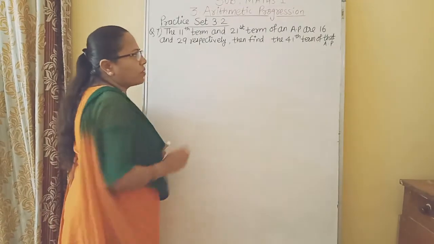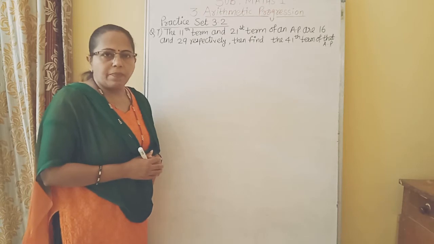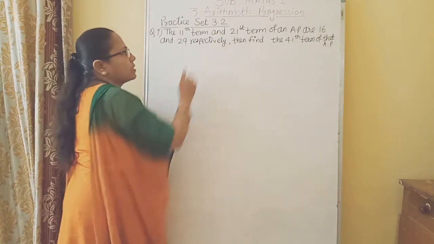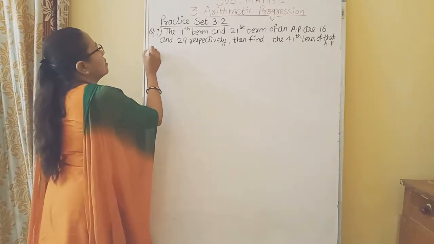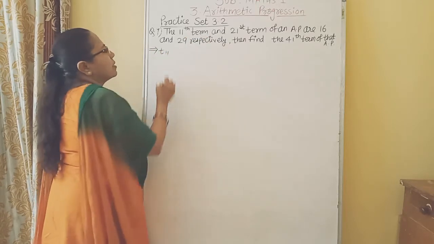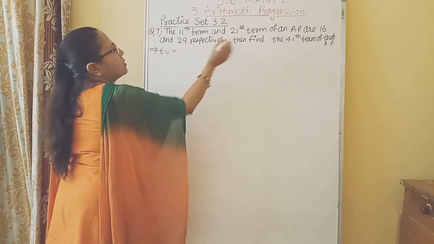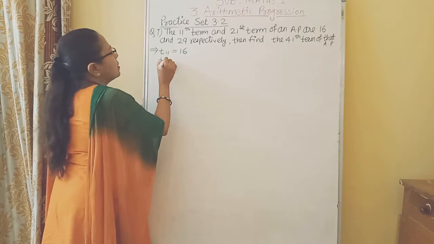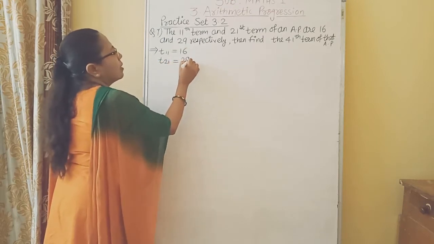Now to find the 41st term we require the first term and common difference. So that first term and common difference we will find from this information. So we will write what is given here. The 11th term is denoted as T11. So T11 is equal to 16 and the 21st term T21 is 29.